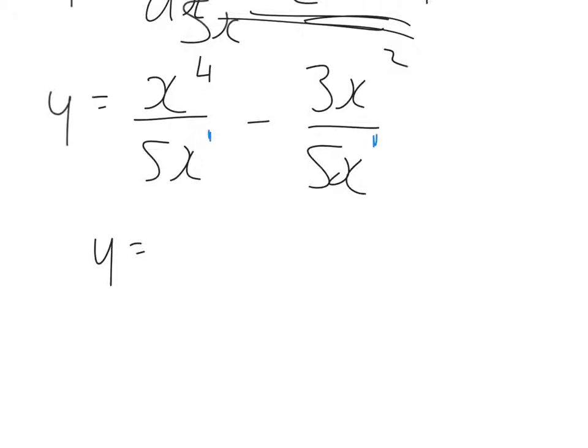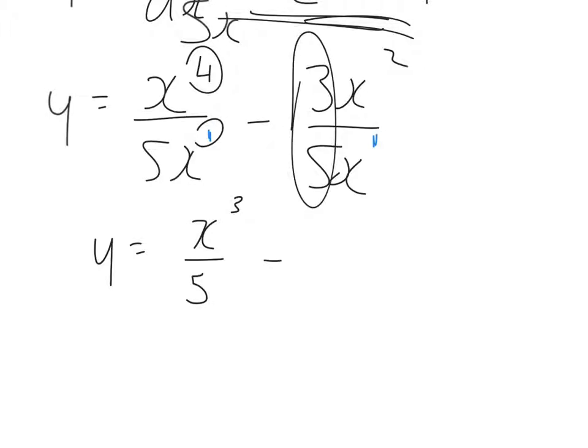Let's first of all use that rule of powers to prepare to differentiate. So that will be 4 take away 1 is x cubed over 5 minus 3/5, and that will just be x to the power 1.